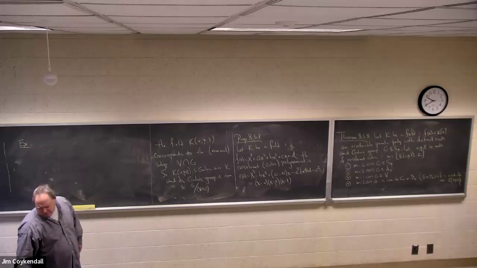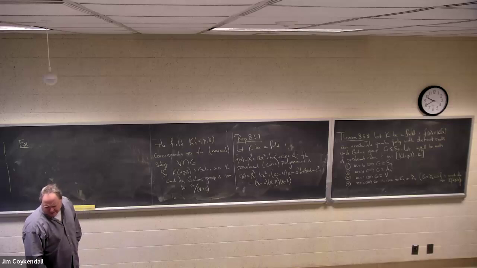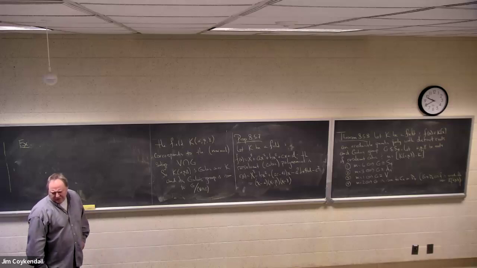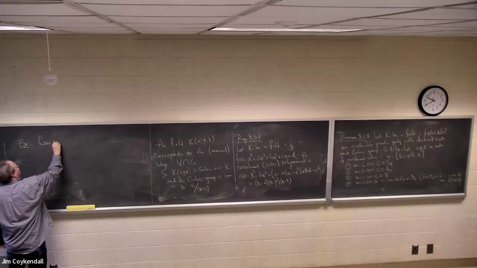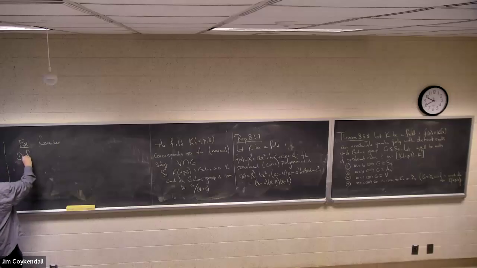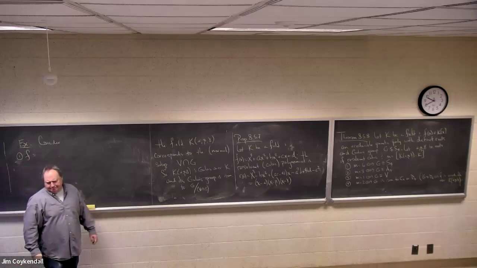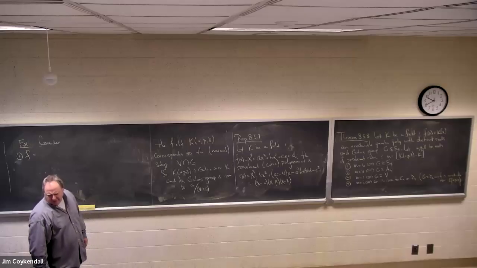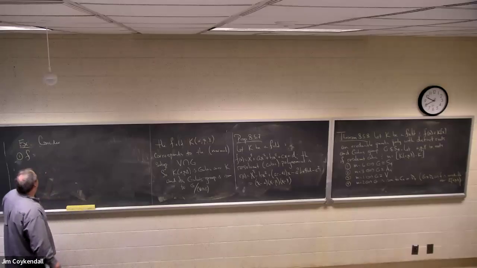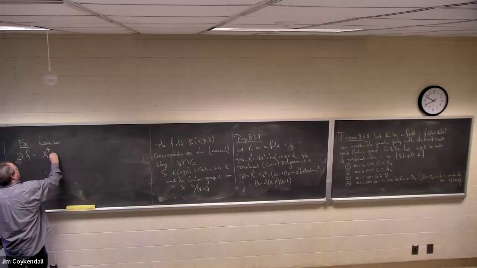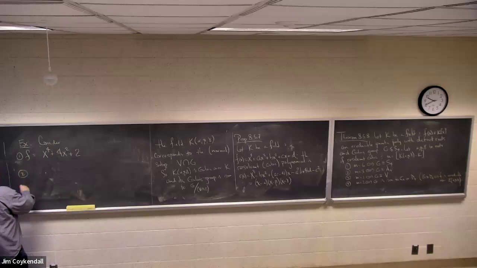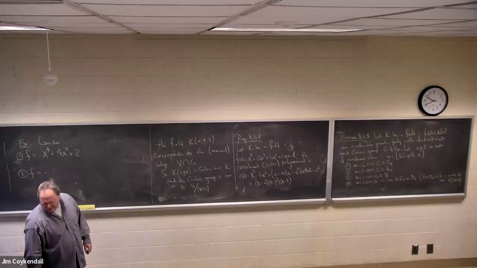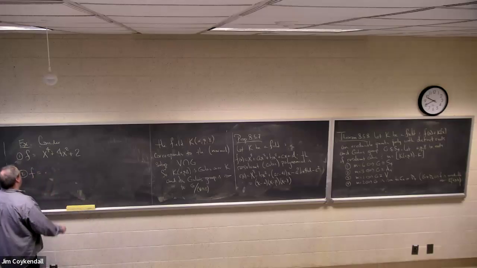I've got my resolvent cubic form up there, so that's going to help. Let's look first at the following polynomials: x to the fourth plus x squared, x to the fourth minus 10x squared.